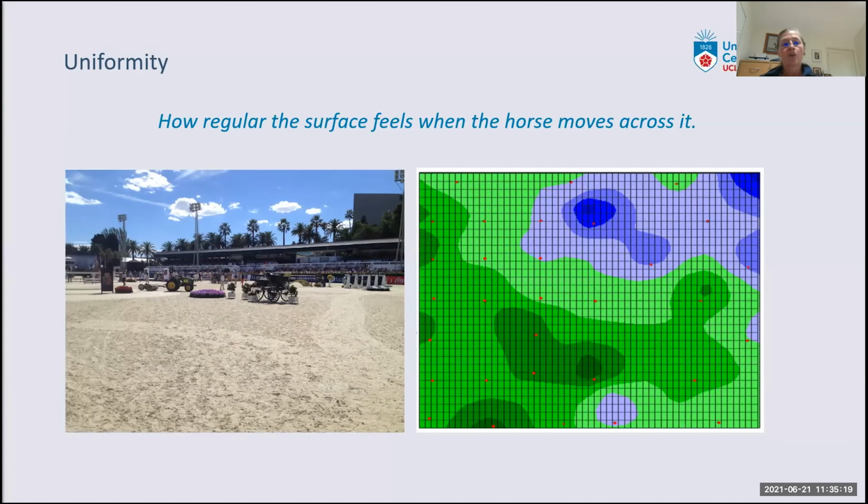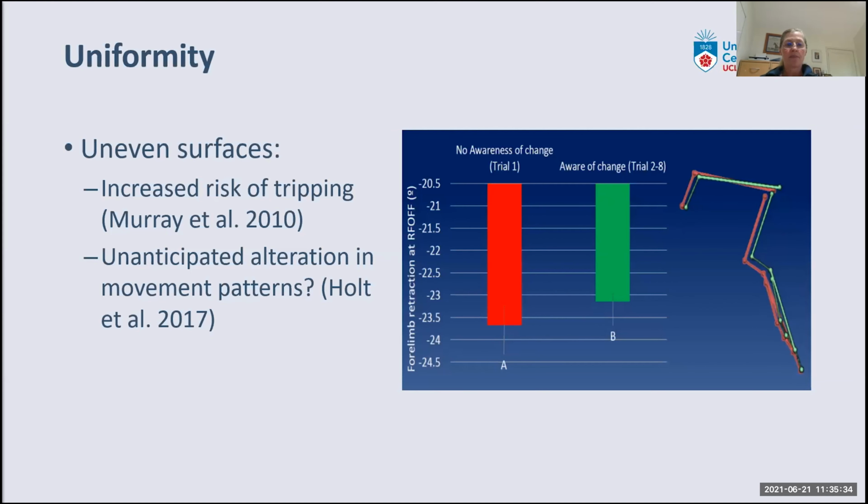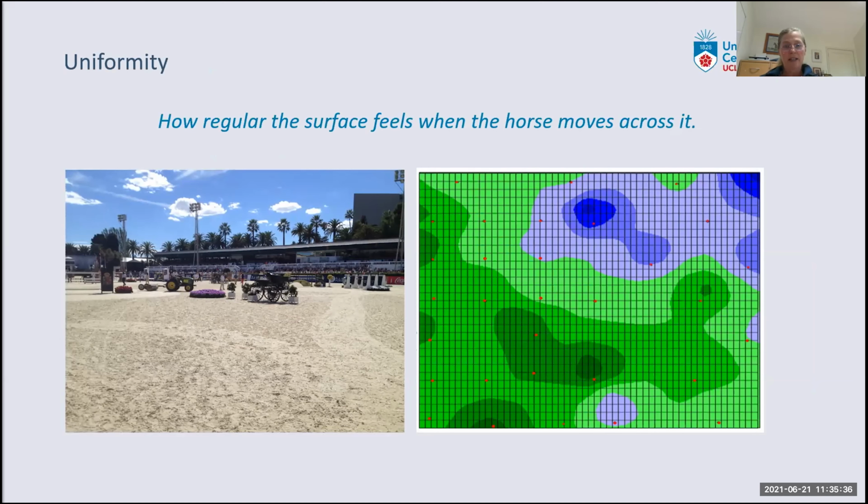But actually what we're really interested in is knowing how the combination of functional properties vary over the extent of that surface.